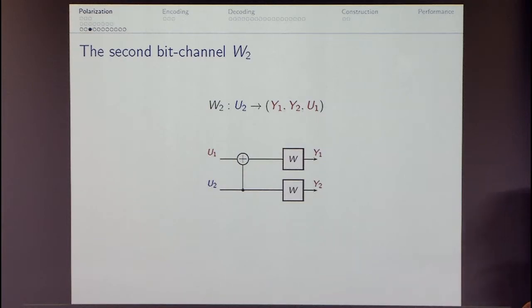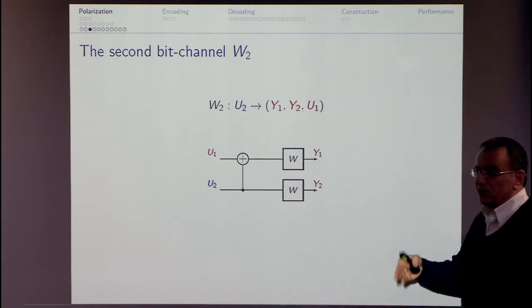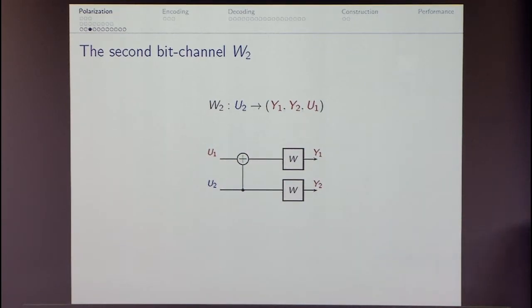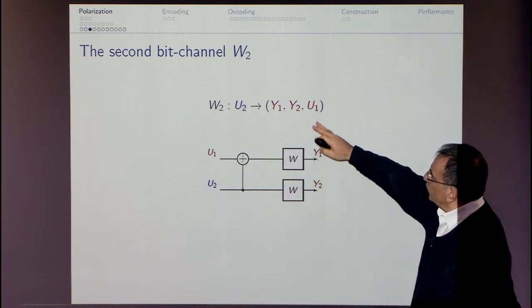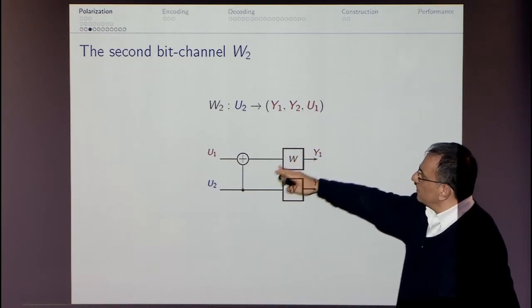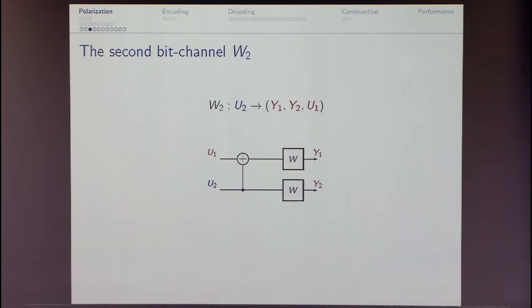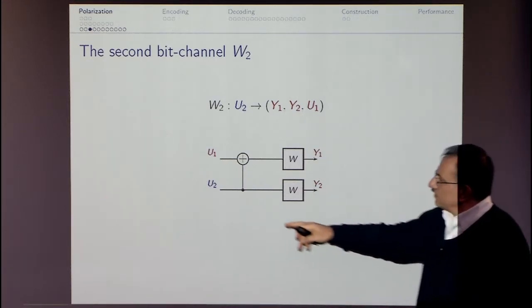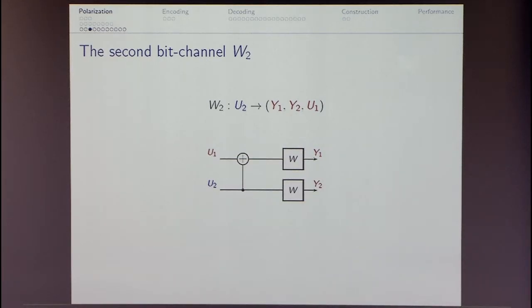The second bit channel. Now as we calculate the capacity of the second bit channel, we are doing something which will bother you. We are assuming that U1 is now known to the decoder. U1 is not known to the decoder because in general we are assuming that we use these to send data.